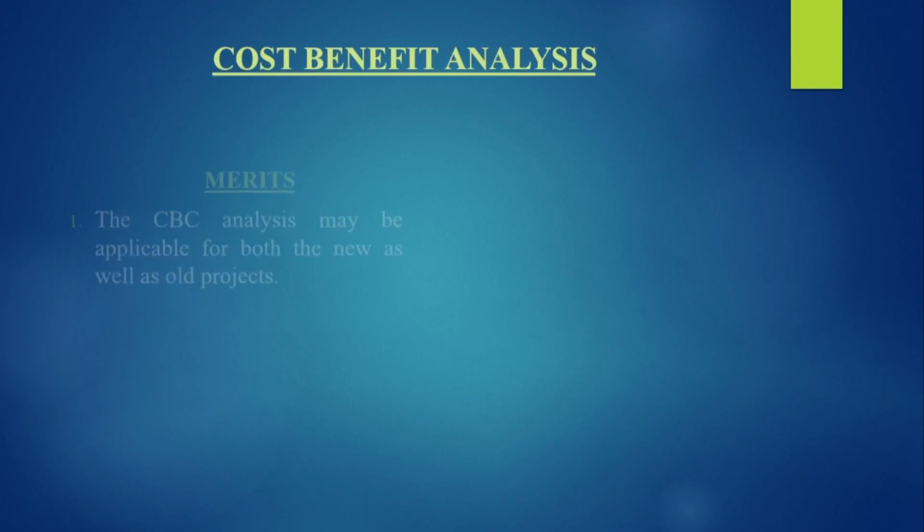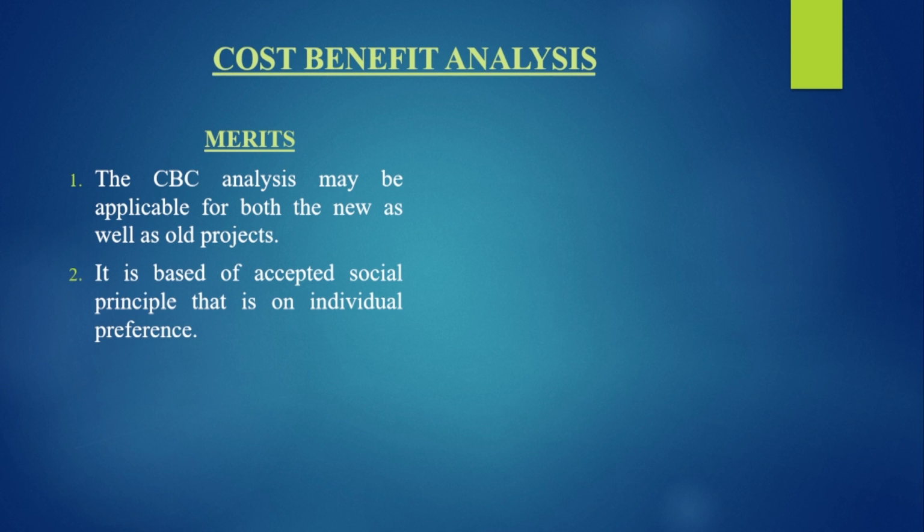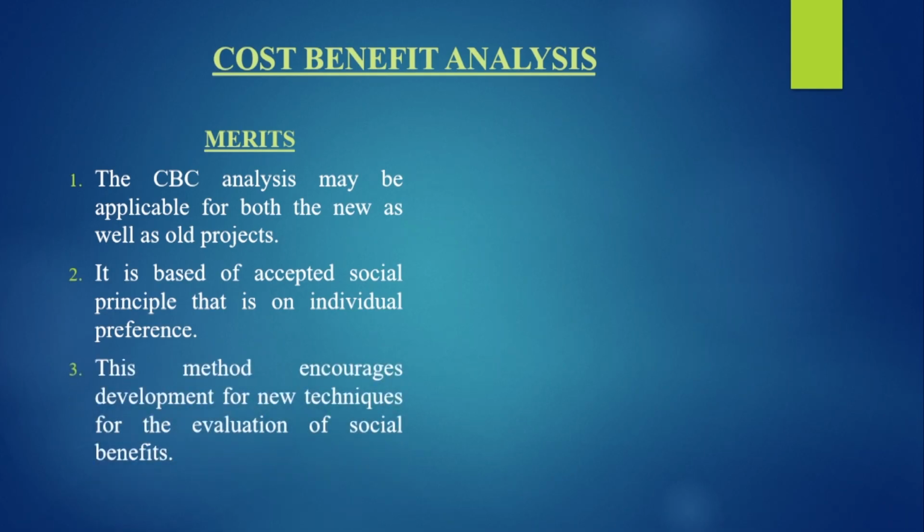Cost benefit analysis has merits. First merit is that cost benefit analysis may be applicable for both new as well as old projects. Secondly, it is based on accepted social principles, that is, on individual preference. Thirdly, this method encourages development of new techniques for the evaluation of social benefits.